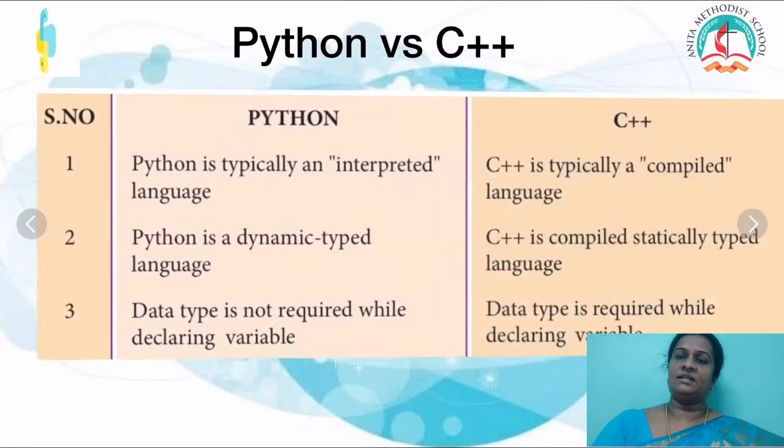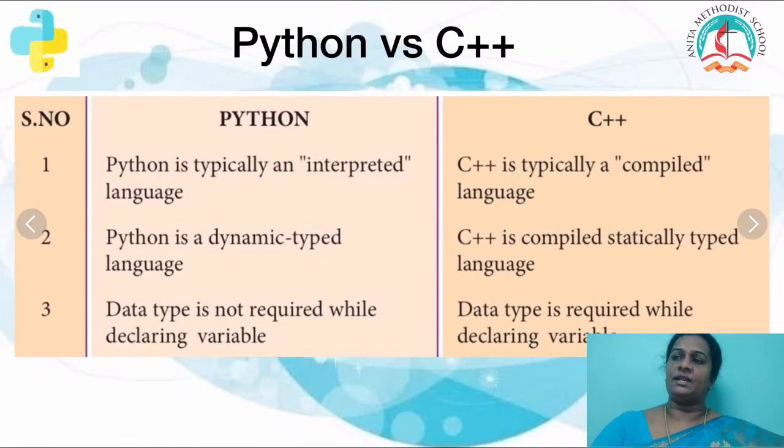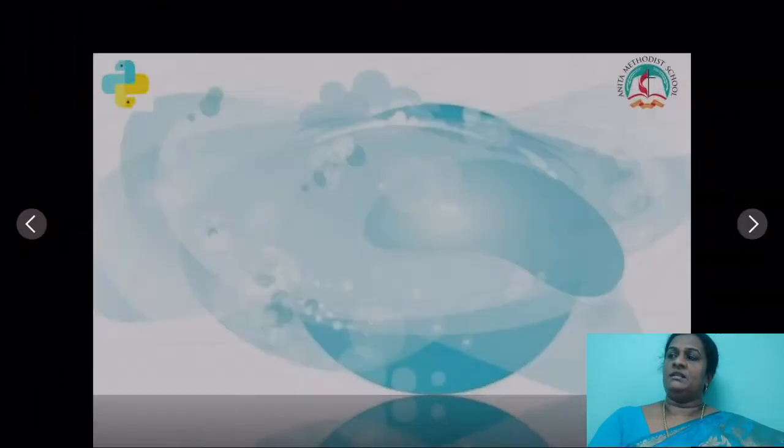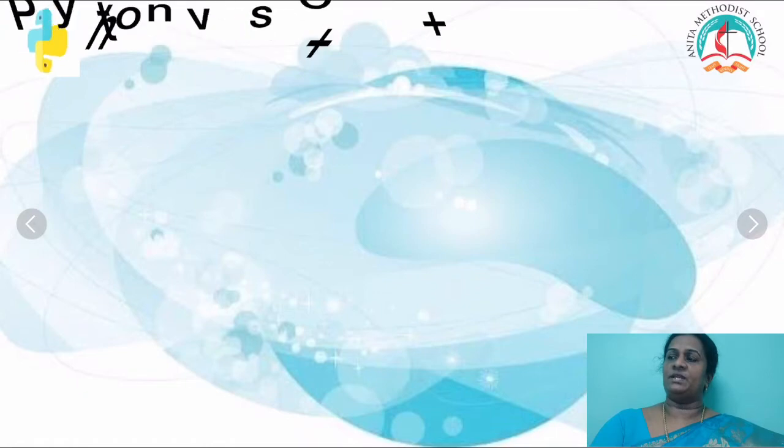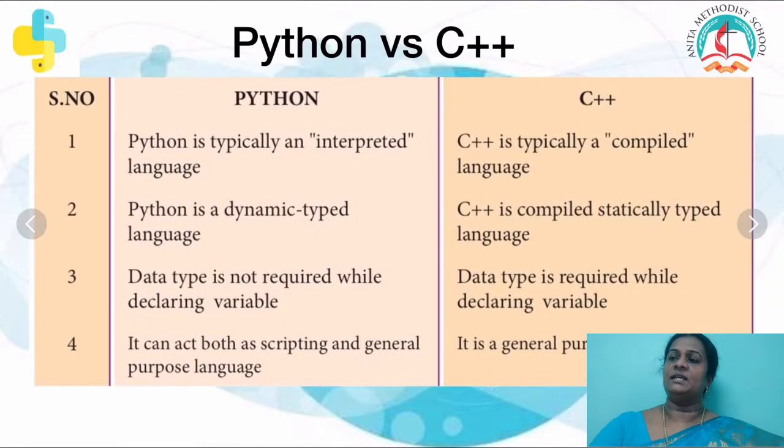We have about 4 to 5 differences, so let's see the third difference now. The data type is not required while declaring a variable in Python, but in C++ the data type is required when declaring a variable. The last difference is that Python can act as both a scripting language and a general purpose language, but C++ is only a general purpose language, not a scripting language.